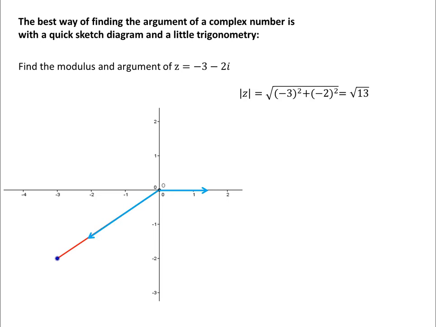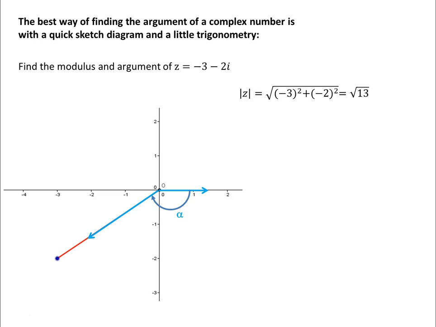The argument, we need to measure the angle from the positive real direction round to the line joining O to the complex number. So we might try and find alpha first of all. Alpha is an obtuse angle.